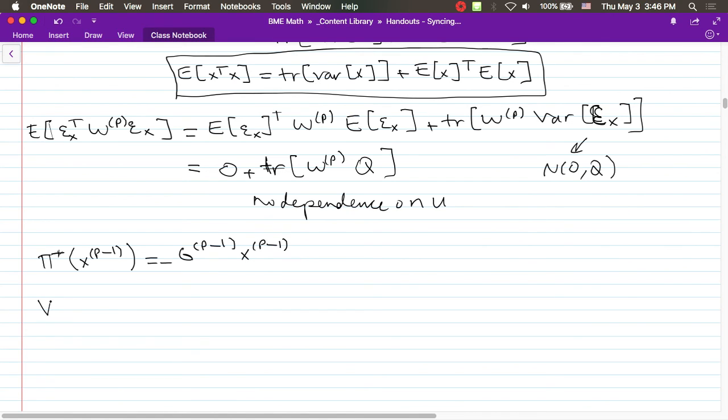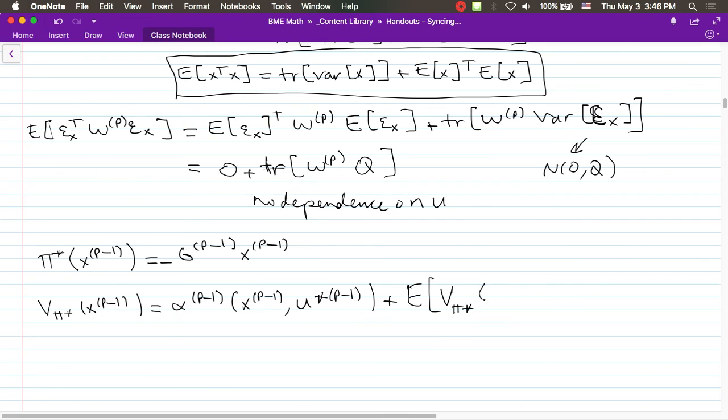And my value function at time point p minus 1 remains alpha at p minus 1, which depends on x and u star, plus the expected value of v, where it goes to at time point p, given that at time point p minus 1 I did action u star.